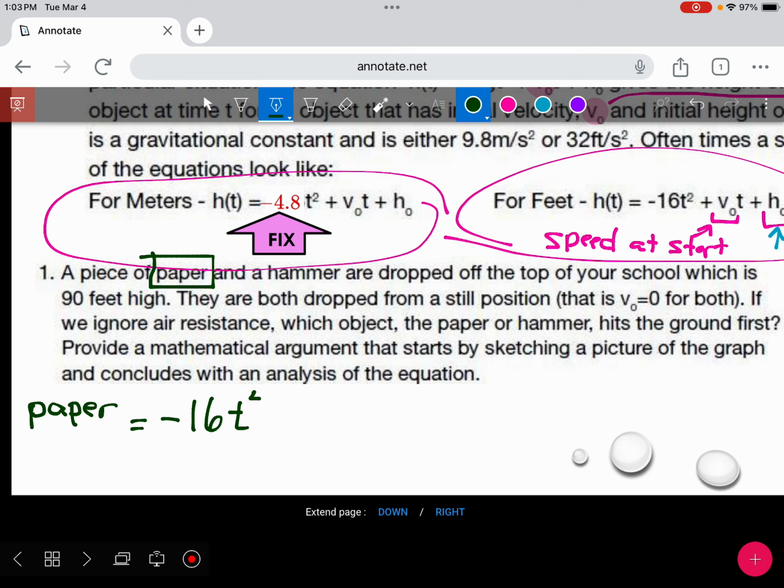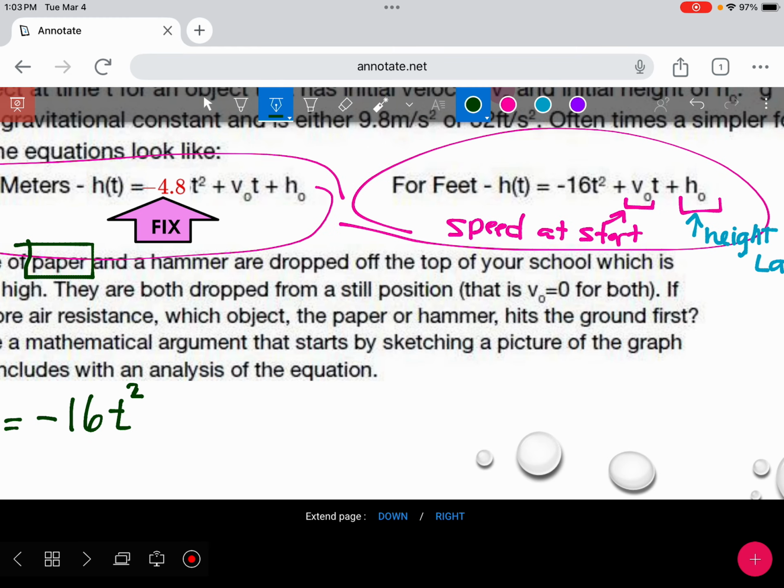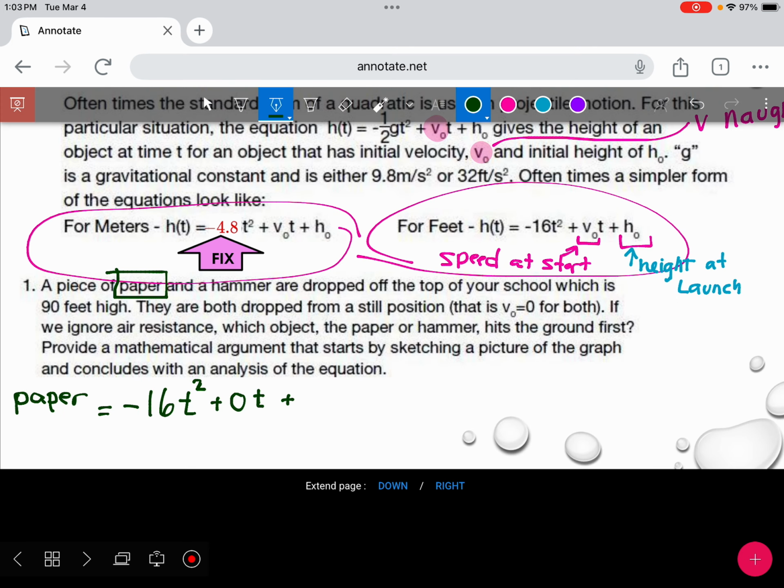We doing all right? Awesome. Let me know if you have a question. If we're looking at this second piece here, what did they say our initial velocity is, our v naught? 0. So we're going to have plus our 0t. And then what is our height at launch? What's our height at the starting time? 90, because they say our school is 90 feet high.